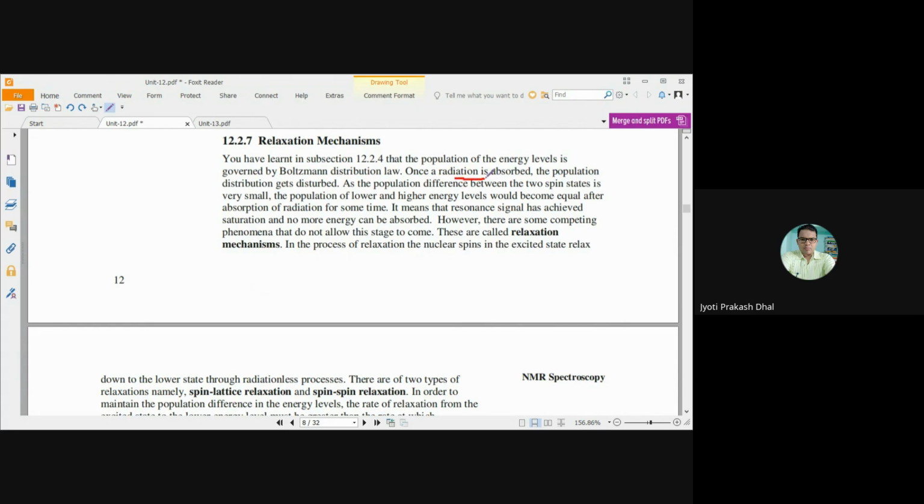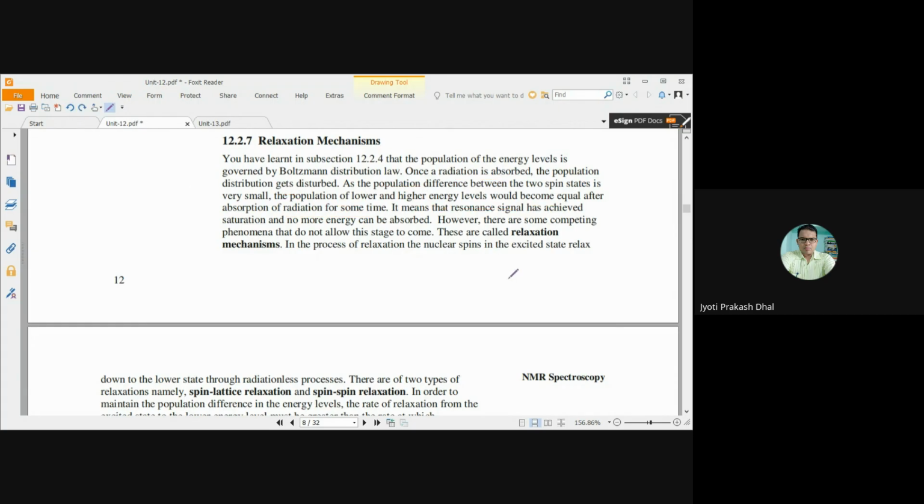The population difference between the two spin states is very small, so the populations of the lower and higher levels would become equal after absorption of radiation for some time.